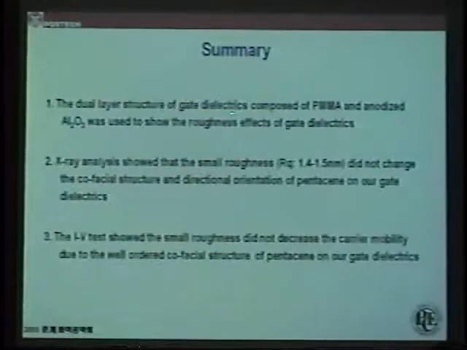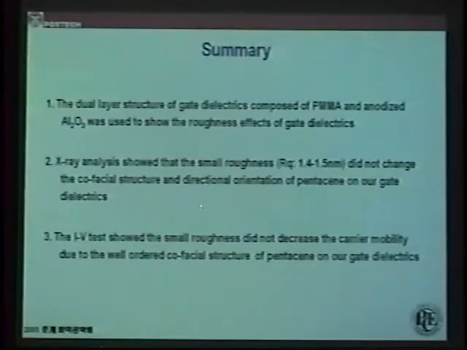So, in summary, we control the surface roughness with the dual dielectric layer, PMMA and anodized aluminum oxide. Within 15 angstrom roughness, the XRD data show there is not much difference, particularly in the in-plane mode.